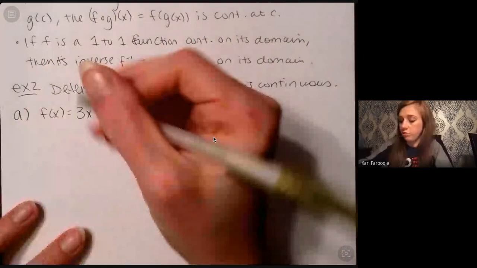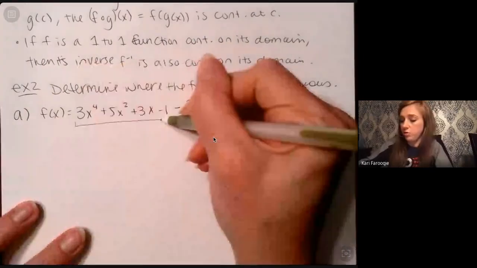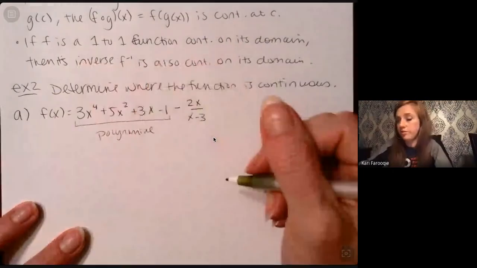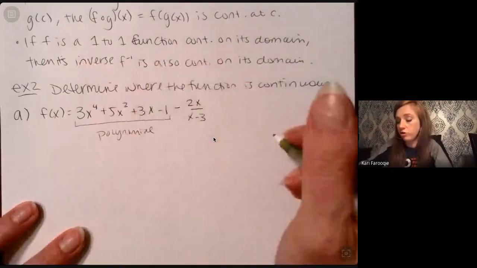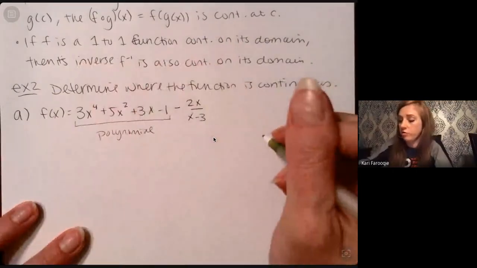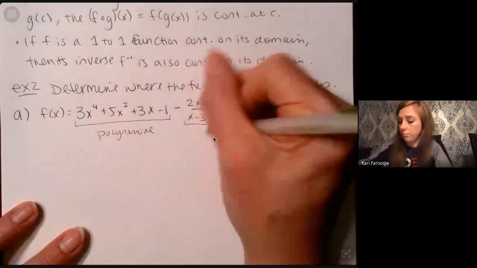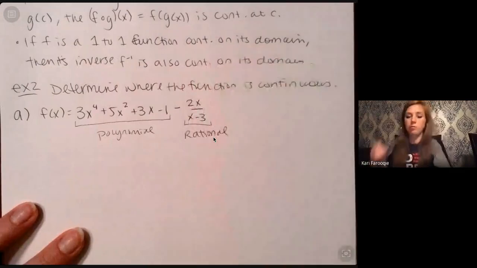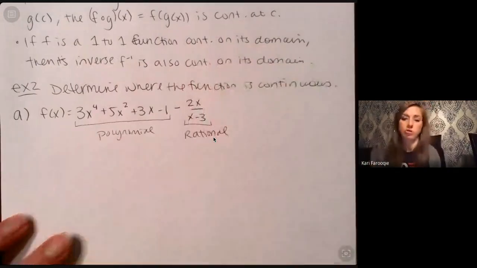So this piece is a polynomial. Then I gave you a theorem that said that a rational function is also continuous on its domain. Remember that a rational function is the quotient of two polynomials.